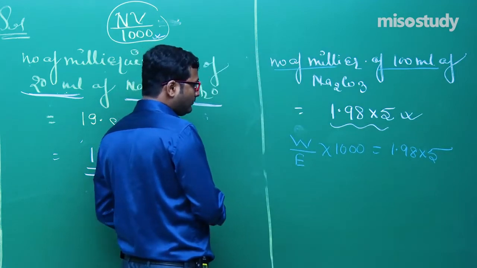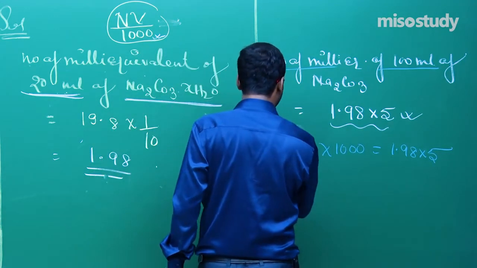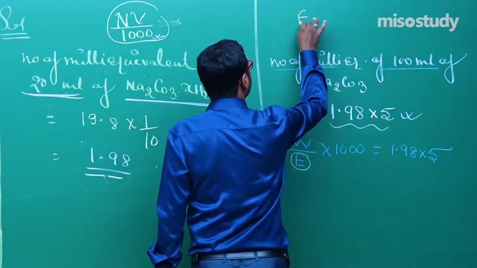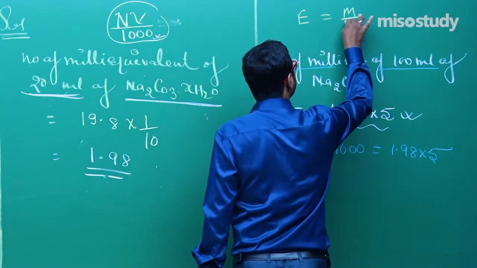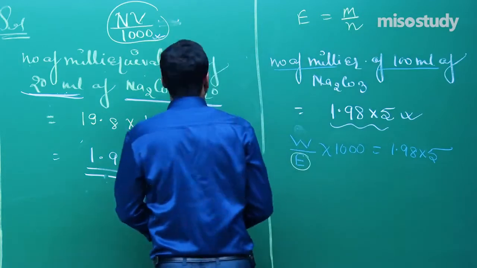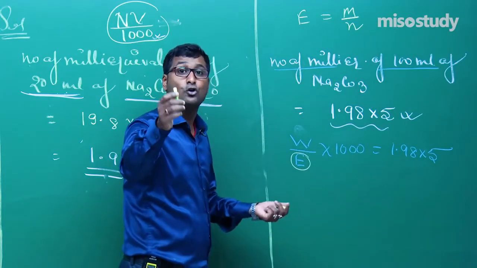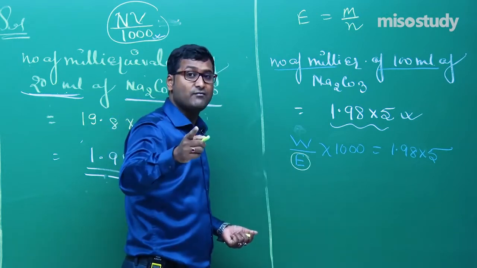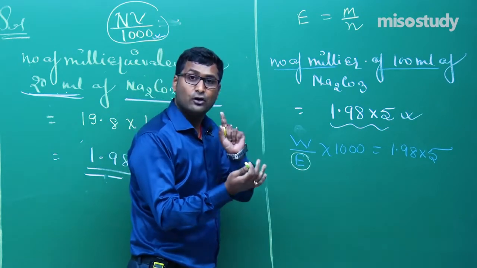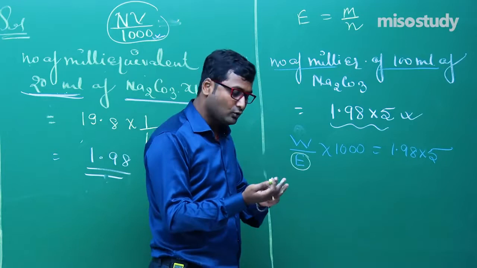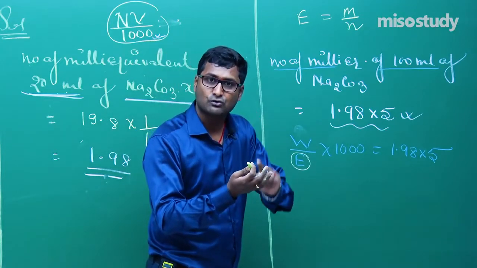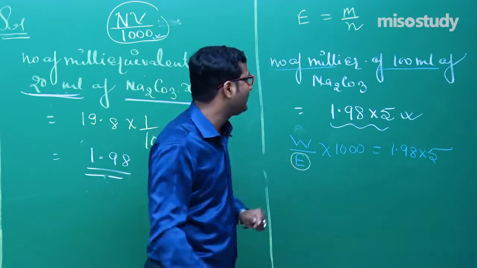Now, as we know, what do you mean by equivalent mass? Equivalent mass is equal to molar mass upon n. Here for Na2CO3, n is equal to 2. During my lecture session, I have discussed how to find the equivalent mass of acid, base, salt, and oxidizing and reducing agents.